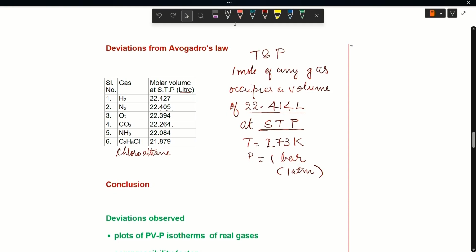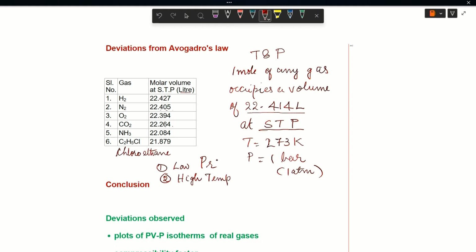The behavior of an ideal gas is shown by real gases under two conditions: low pressure and high temperature. In these two conditions, the gas molecules occupy a very large volume, in an expanded form.